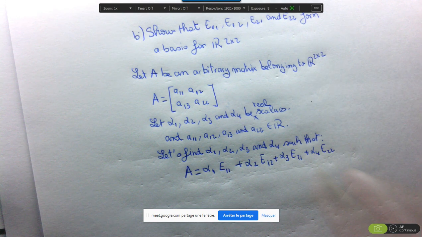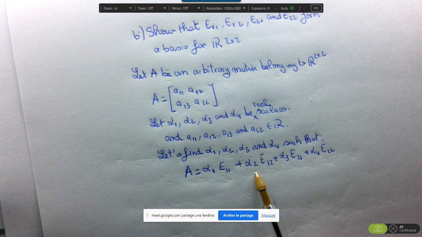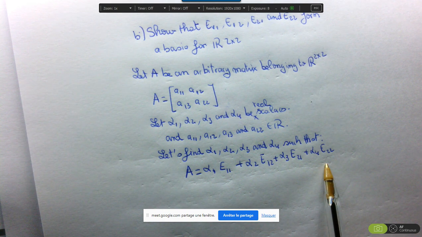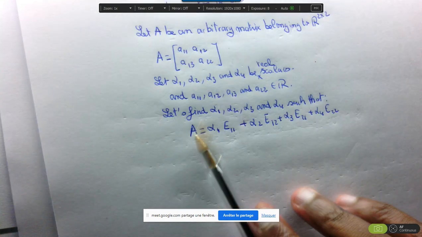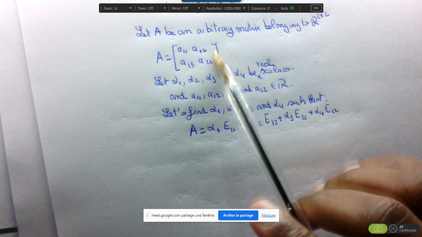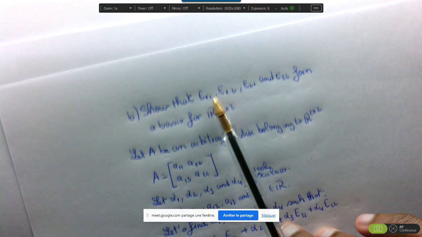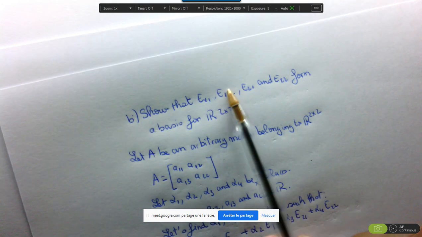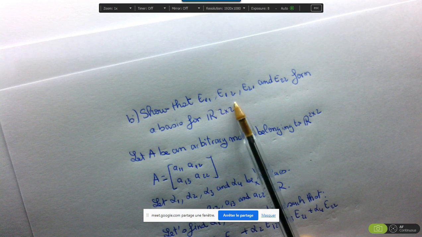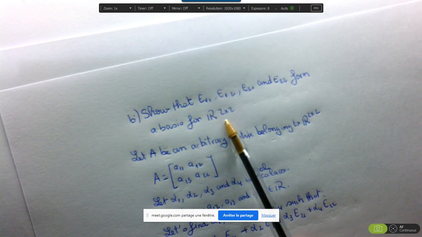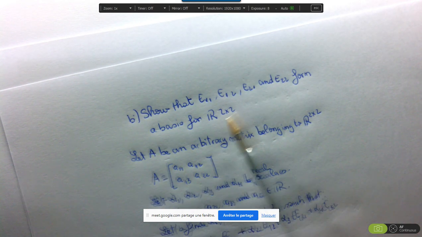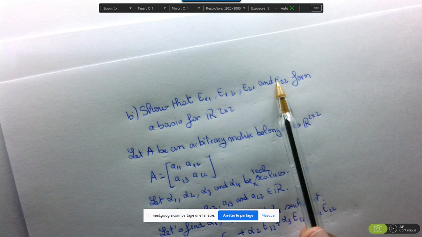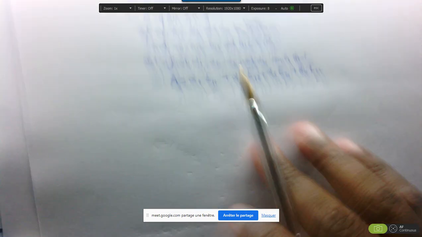If we are capable of finding coefficients alpha 1, alpha 2, alpha 3, alpha 4 such that we have this, then we can say that these matrices span R2 by 2, and if they span R2 by 2, in addition to being linearly independent, they form a basis.